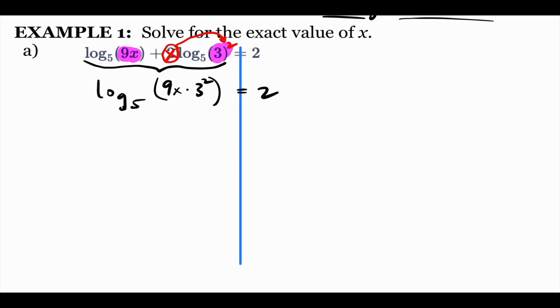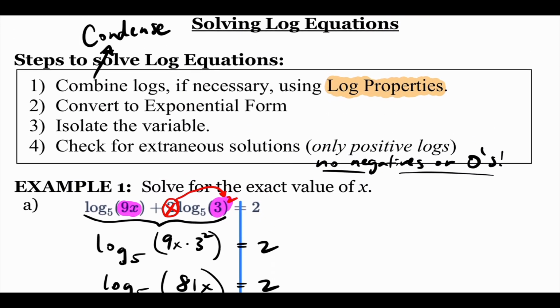Now I can simplify what's inside the parentheses. 3 squared is 9, times 9 is 81. So it's really 81x. That's step 1. No more properties now. Now it's condensed. Step 2 said convert to an exponent.